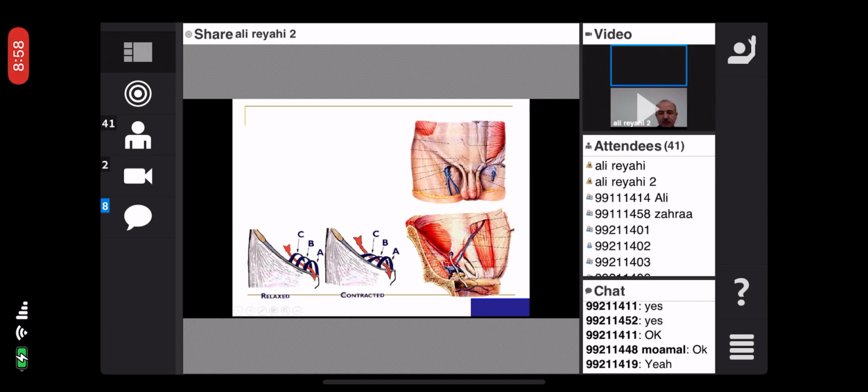Look at this picture. If the muscles of the abdominal wall contract, the inguinal canal becomes closed by contraction of the muscle fibers of the abdominal wall. You can see the inguinal canal has two openings or two rings.